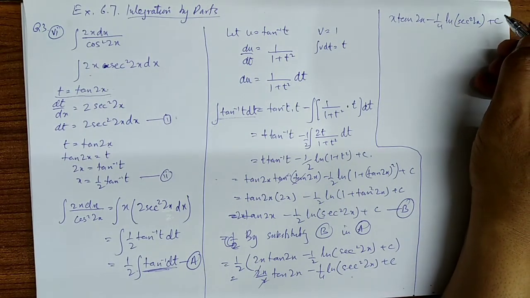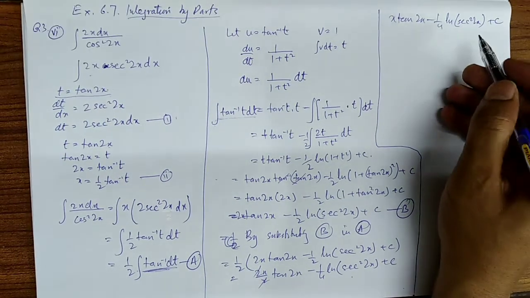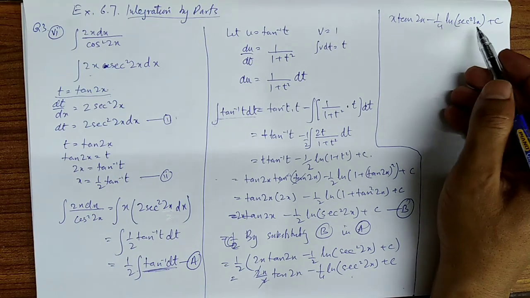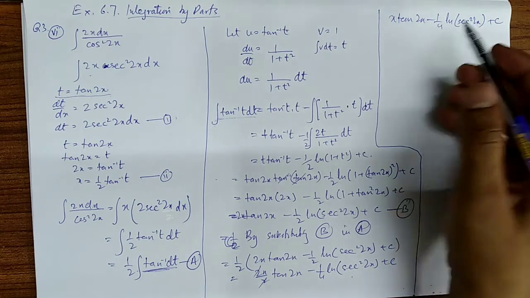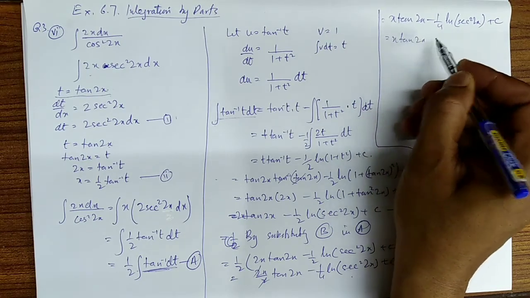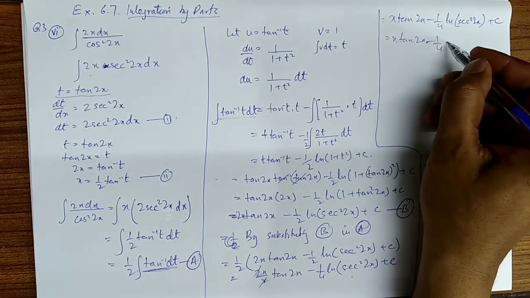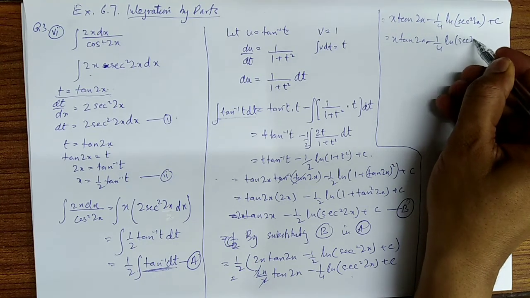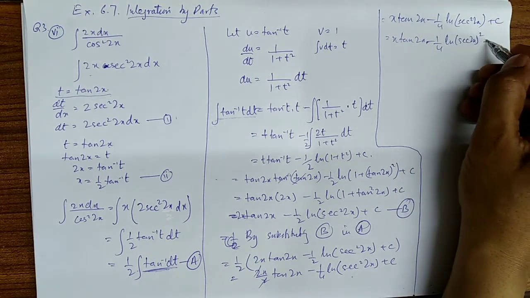plus c. And now what we can do is move this square outside. This is just simplification, minus 1 upon 4 ln sec 2x square plus c.